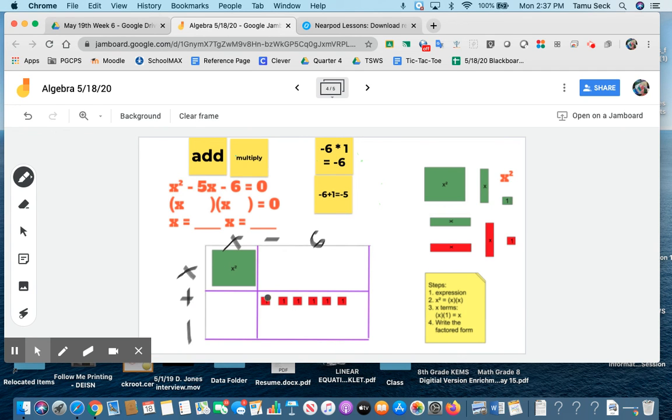If we were trying to factor this, what will we need here? x and -6. x times -6 is -6x.